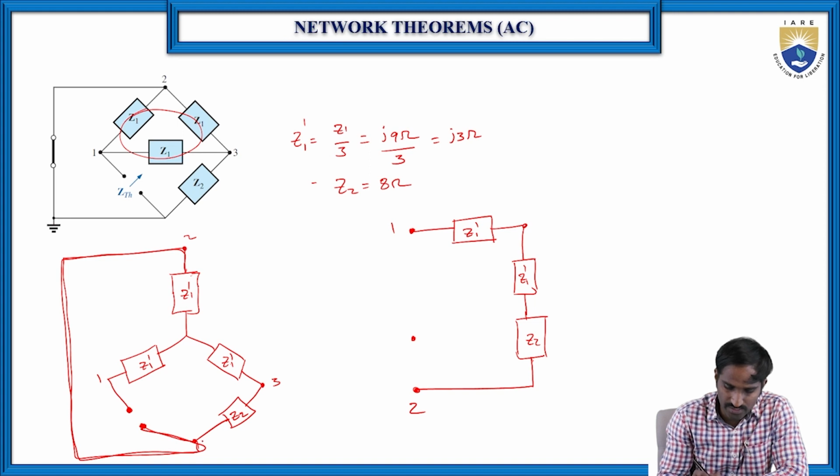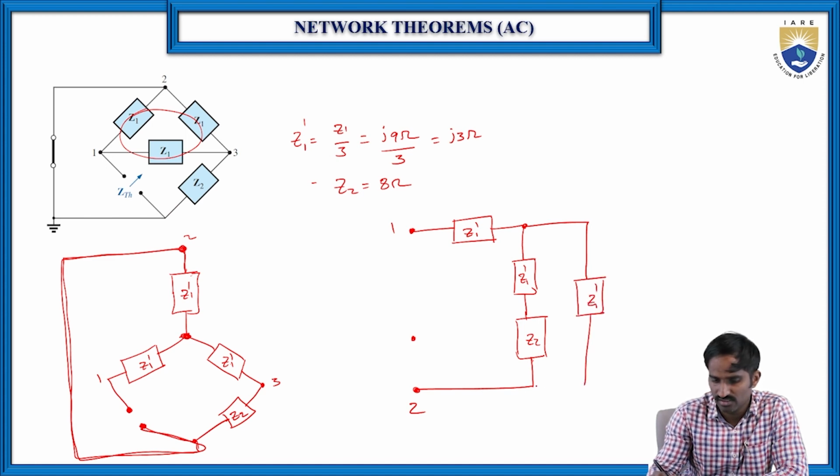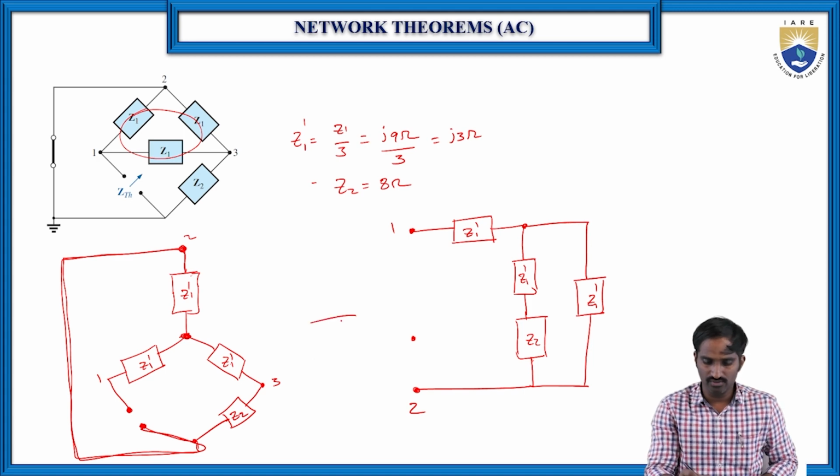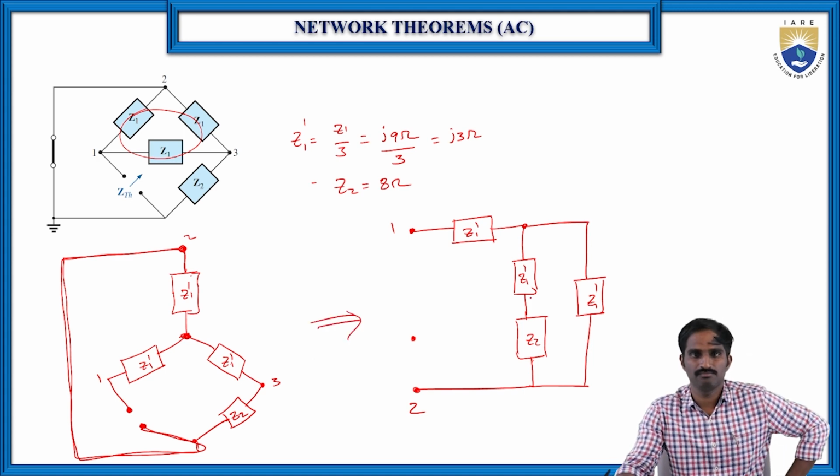In between these 1 and 2, one more resistor is there, that is this Z1 dash. So I have just redrawn this circuit something like this.